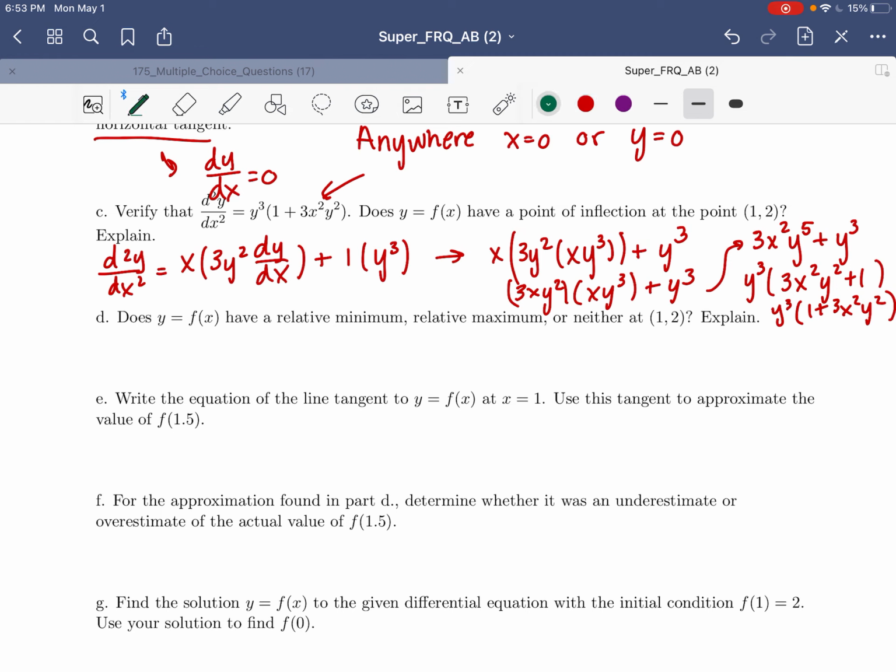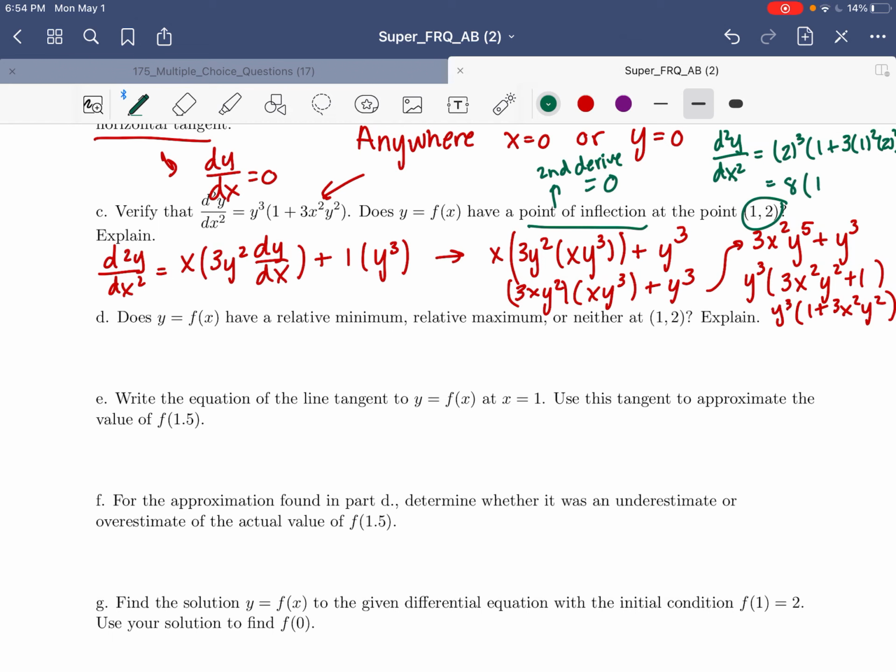Then it wants to know if we have a point of inflection at this point. So a point of inflection should tell us the second derivative equals 0. So I'm going to plug this point into the second derivative. My y should be 2 cubed times 1 plus 3 times 1 squared times 2 squared.